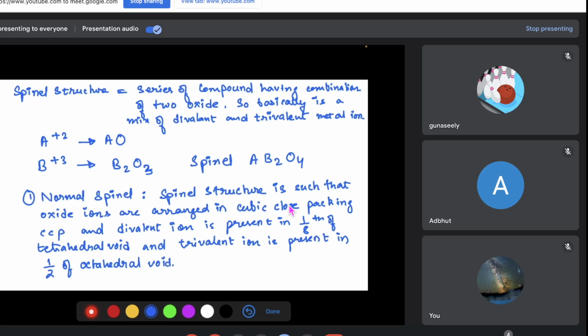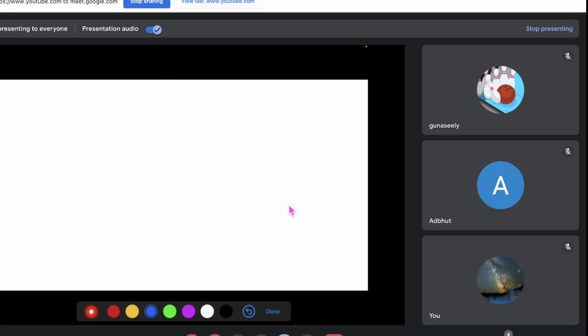Okay, so this is the normal spinel. We can write it as A, which is divalent, present in tetrahedral void, and B, which is the trivalent metal ion, present in octahedral void, with O4.